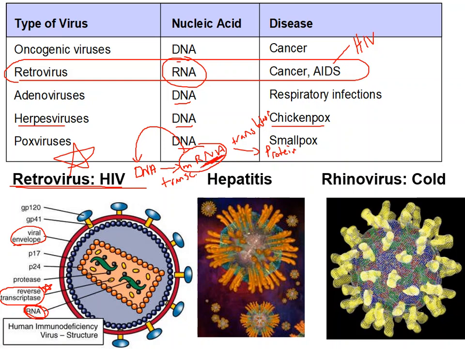The host cell then reverse transcribes the viral RNA into what's called cDNA. You don't have to know this, but complementary DNA, using an enzyme called reverse transcriptase.